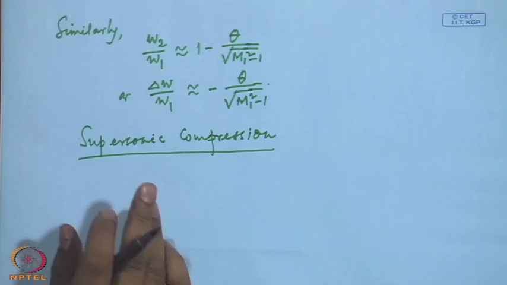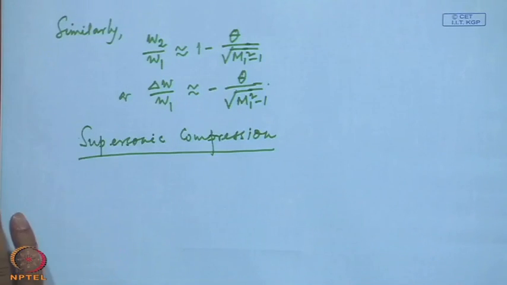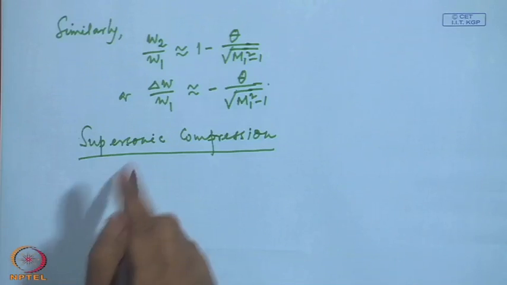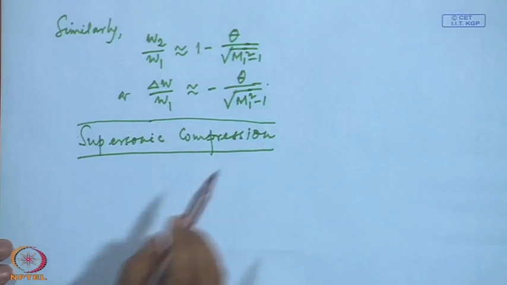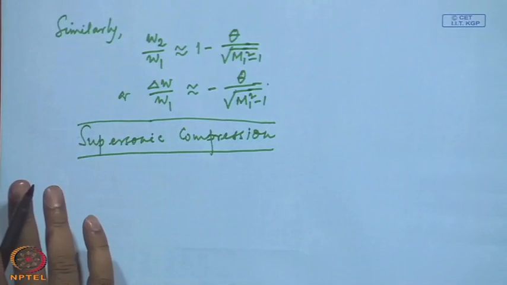That is, when a flow turns through a shock wave or oblique shock, its density and pressure rise, or the flow is compressed. Then this can be used to compress a supersonic flow.